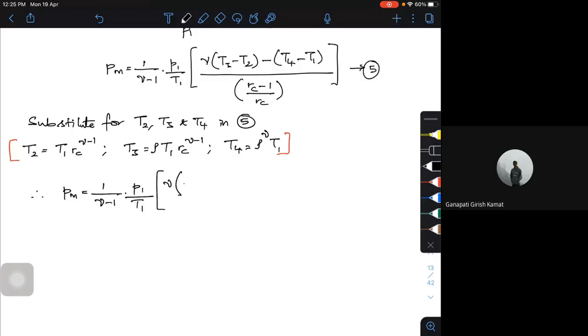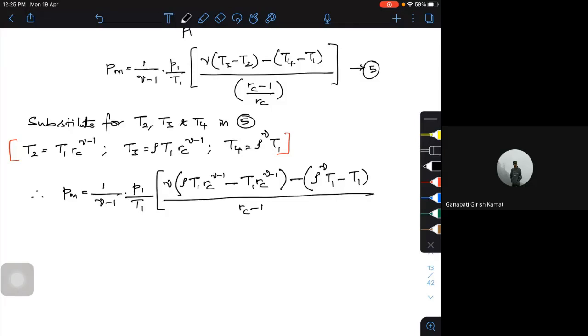T3 is equal to rho into T1 RC to the power of gamma minus 1, minus, for T2 I will write T1 RC to the power of gamma minus 1, minus, for T4 I will write rho to the power of gamma into T1 minus T1, whole thing divided by RC minus 1 divided by RC. I am going to close the bracket.